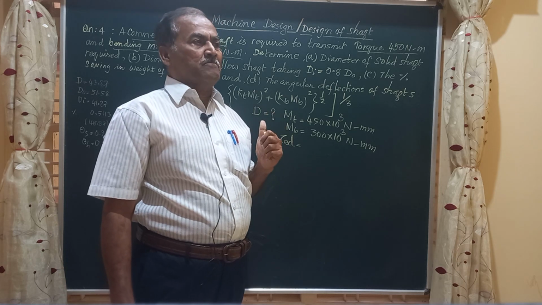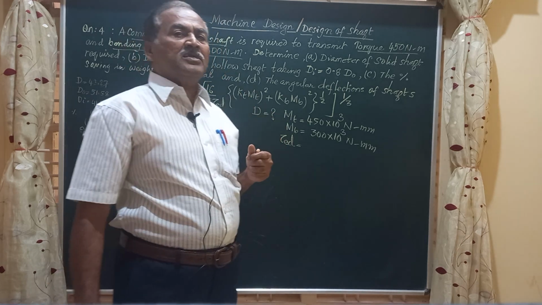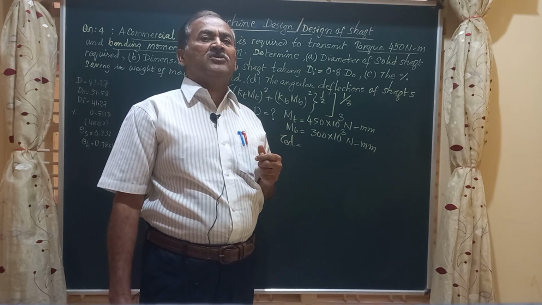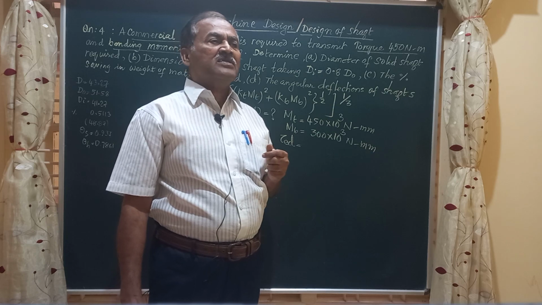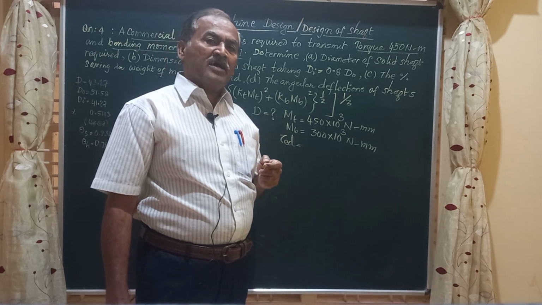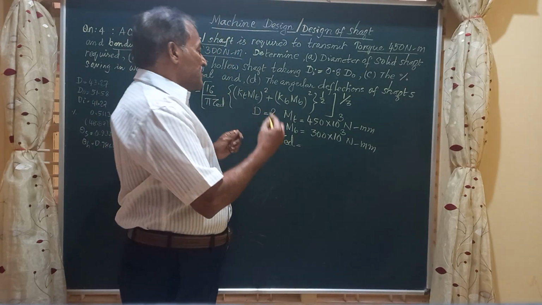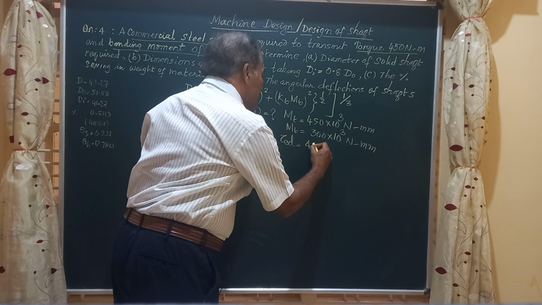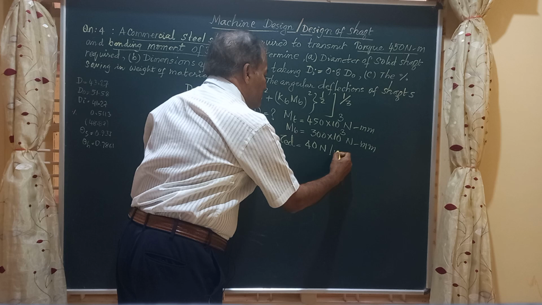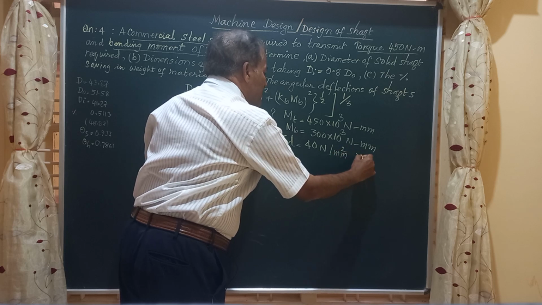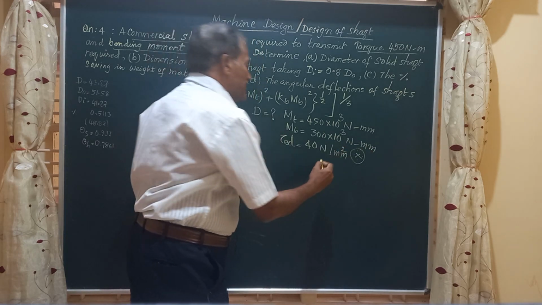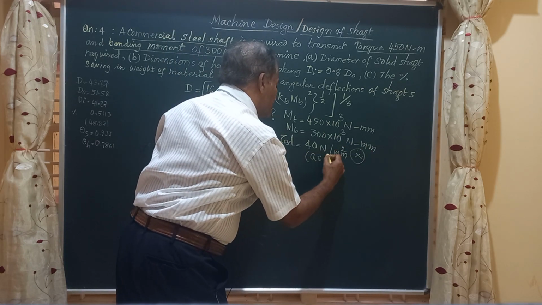So here, as per the ASME code, that is American Society of Mechanical Engineers code, if it is a solid shaft, the allowable shear stress for the commercial steel shaft is 40 Newton per millimeter square, or 40 MPa. So this is very important, and all the students and teachers should remember this value.